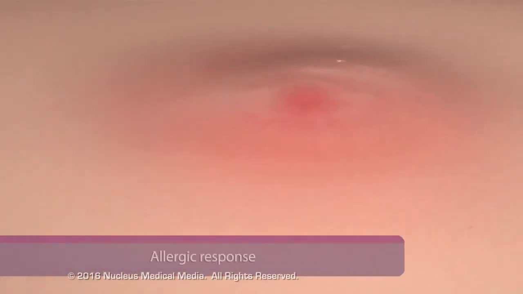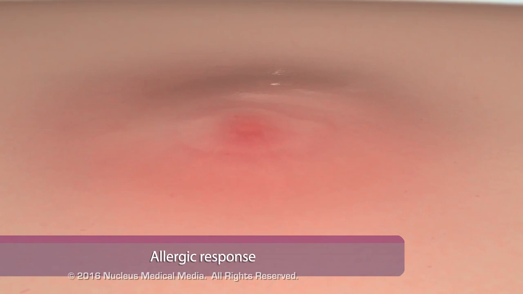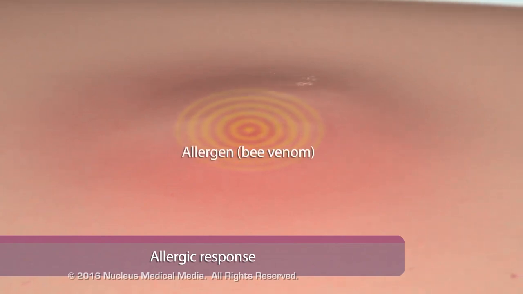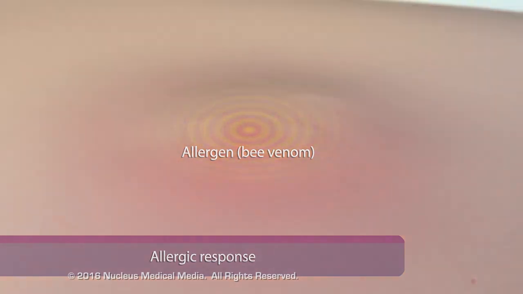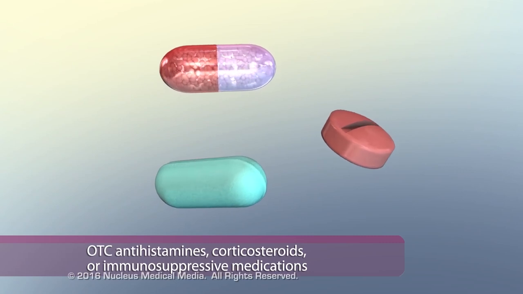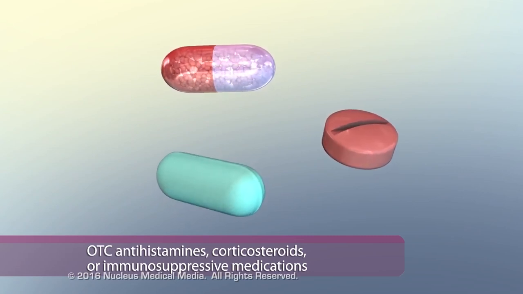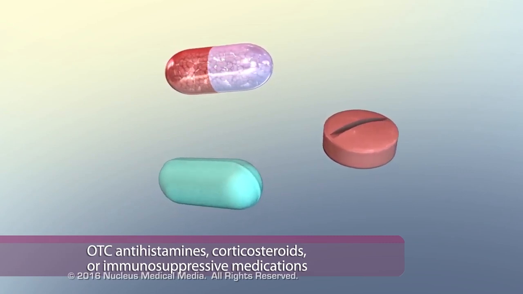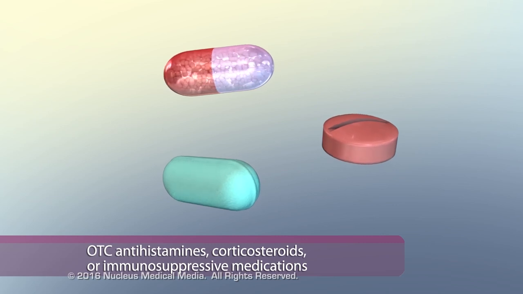Treatment of type 1 hypersensitivity or allergic reactions induced by environmental substances or biological agents includes treatment of mild symptoms with over-the-counter antihistamines, corticosteroids, or immunosuppressive medications.